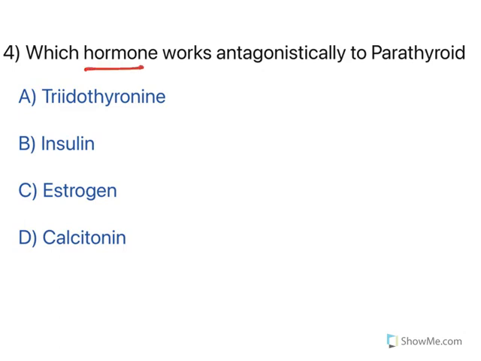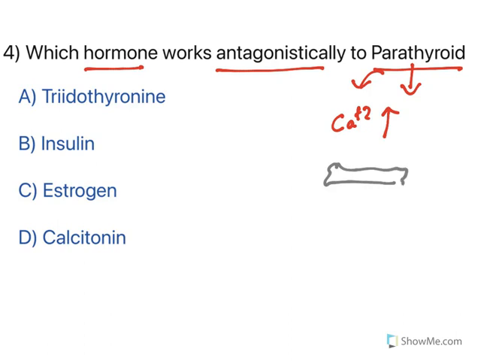Now, which hormone works antagonistically to parathyroid? See, whenever the calcium levels in the blood are decreased, parathyroid acts and increases the calcium levels. You need to understand this. The calcium levels are increased by taking calcium from the bone. So, from the bone, calcium gets into the blood with the help of parathyroid.